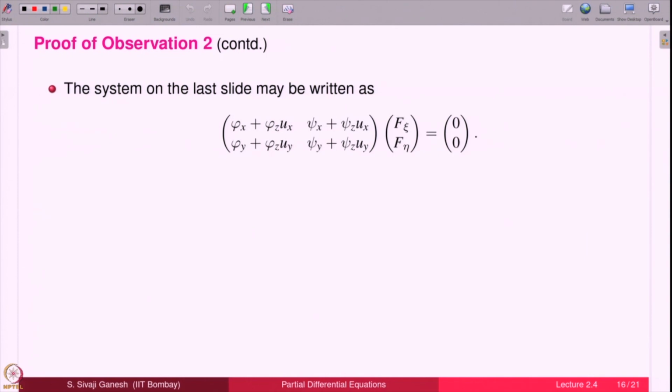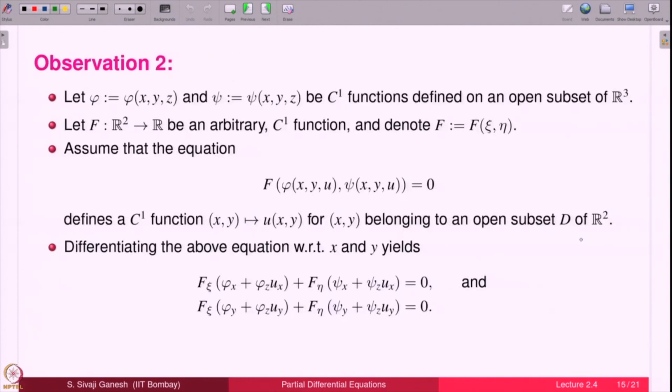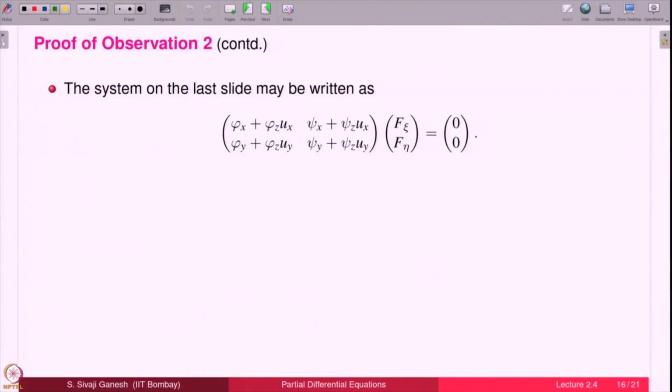Okay. So, the system on the last slide is a linear system for f xi and f eta. So, you write f xi and f eta as one column, then this is the first row, A11 entry, A12 entry, A21 entry, A22 entry. This is what we have.